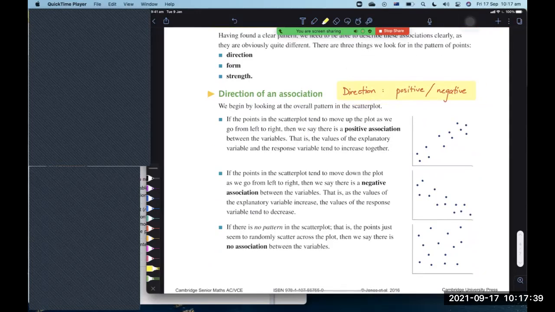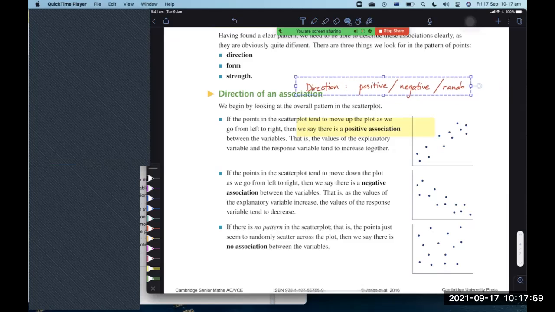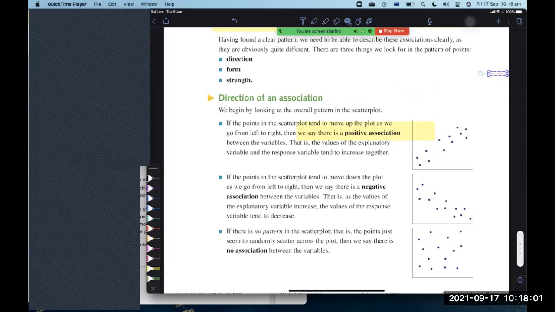Oh, sorry, not just positive and negative, you also have no association as well, which is random, okay? If there's no direction, we just say randomly scattered. So I'll add that option in as well.